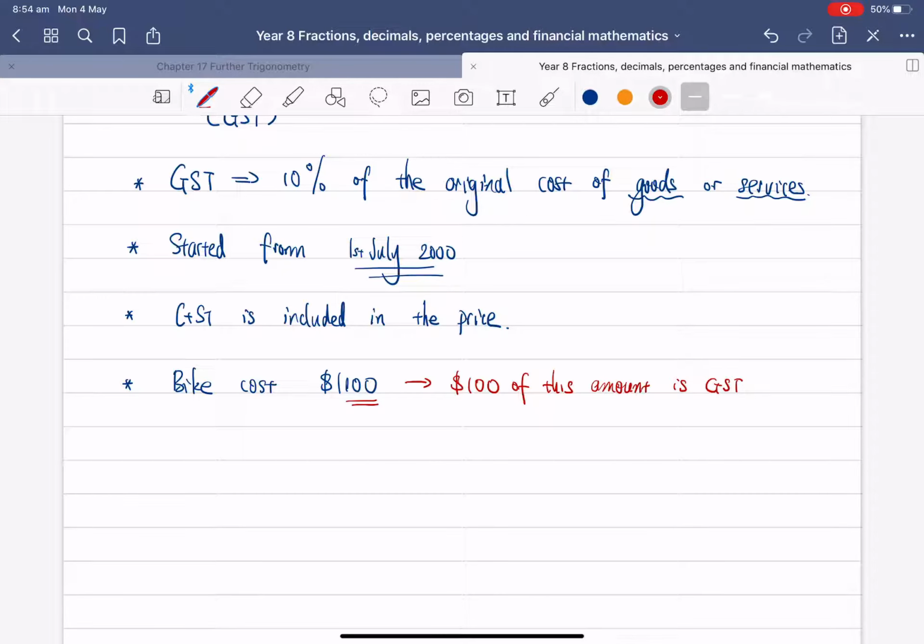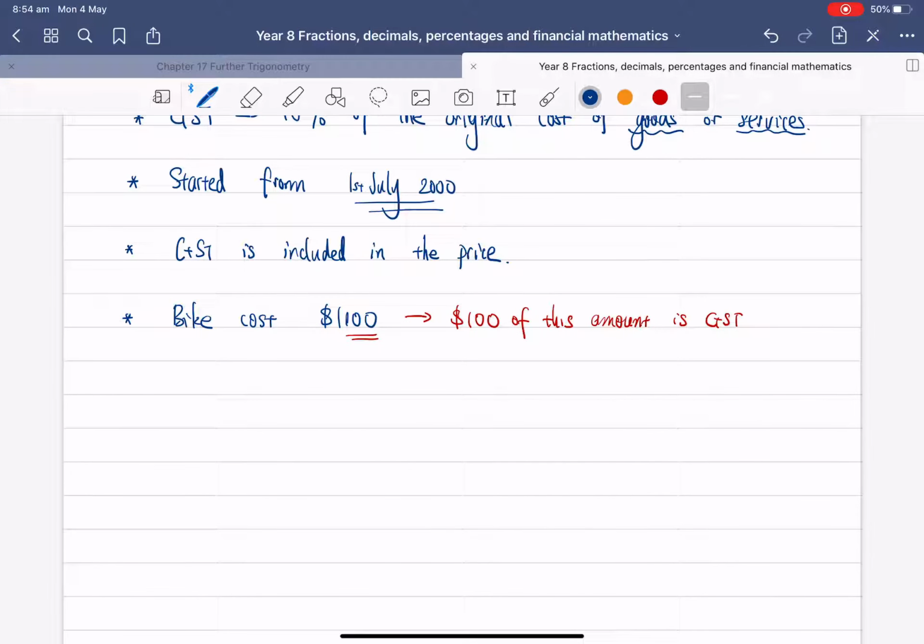All right. Now, some goods and services are exempt from the GST, so you don't have to pay GST. So there are some GST-free items. I think the everyday essential basic food items are GST-free.